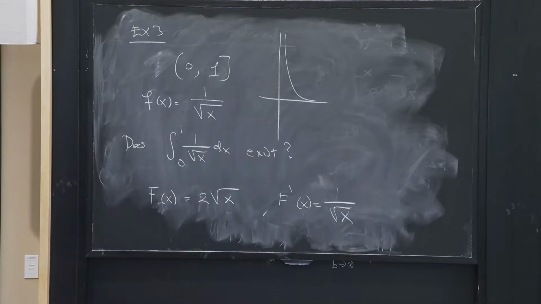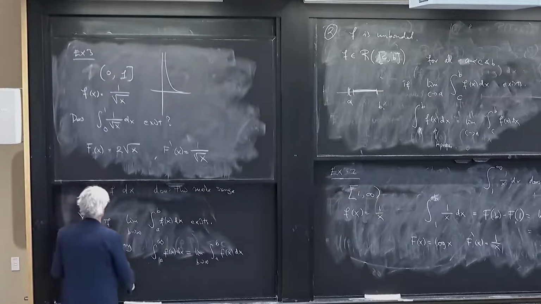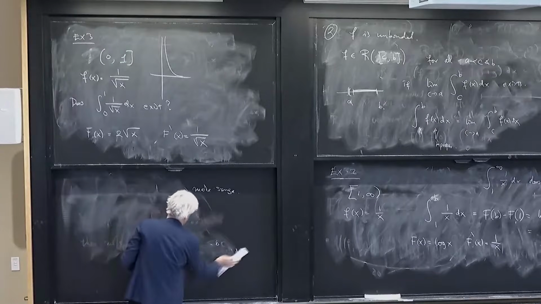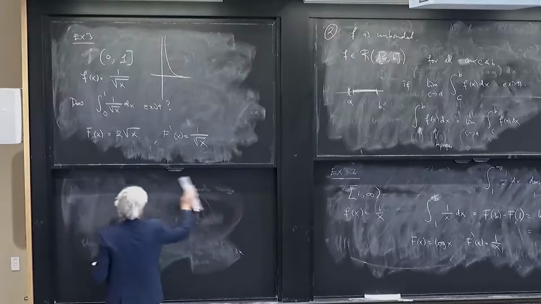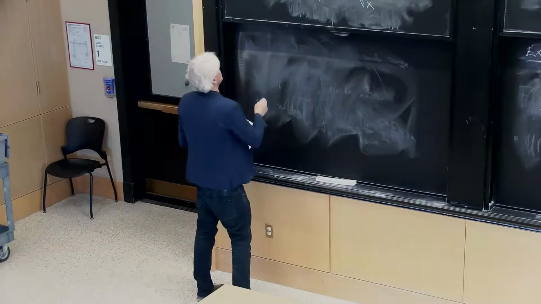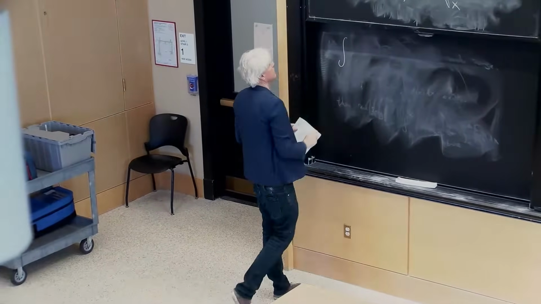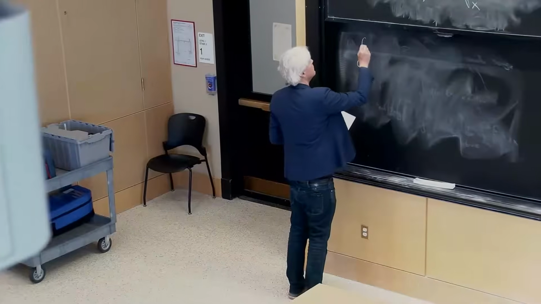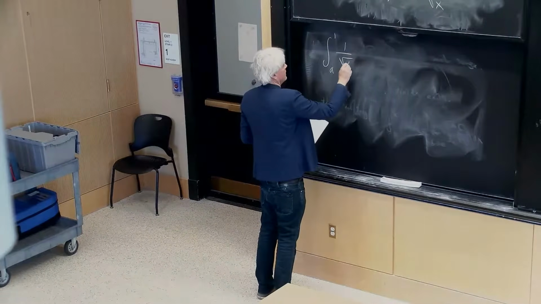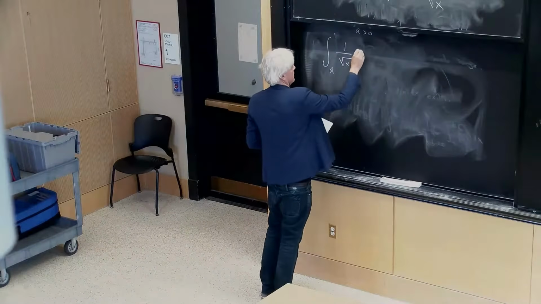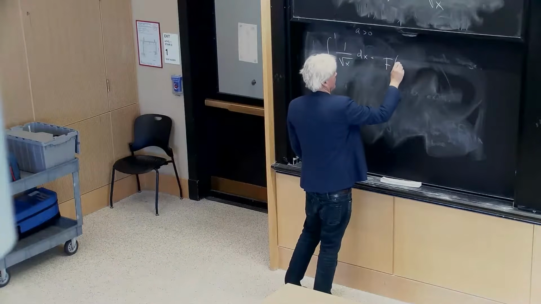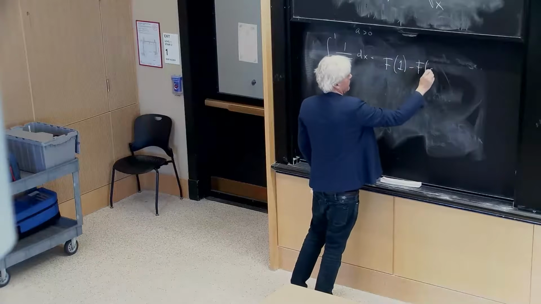Okay. So this means that if you're now looking at the integral from a, say, to 1 of 1 over square root of x dx, where a is strictly positive, this is capital F of 1 minus capital F of a.